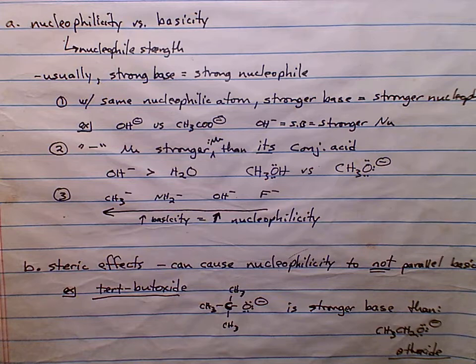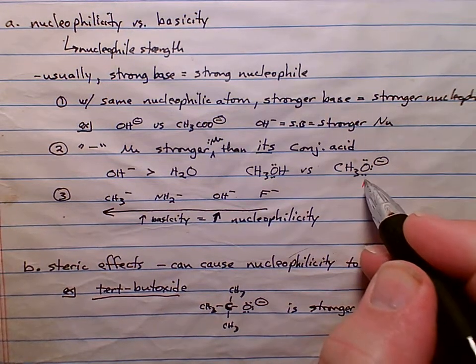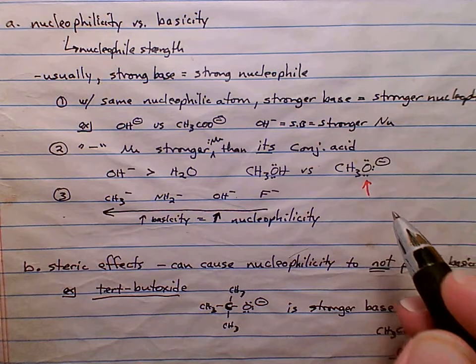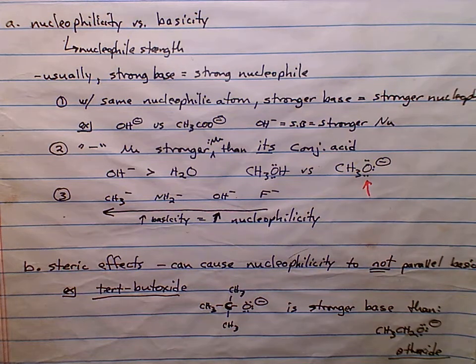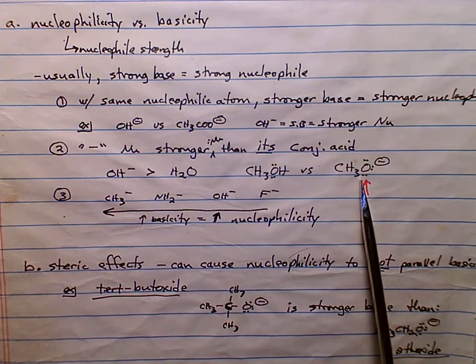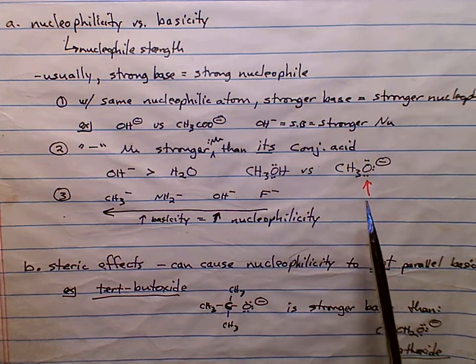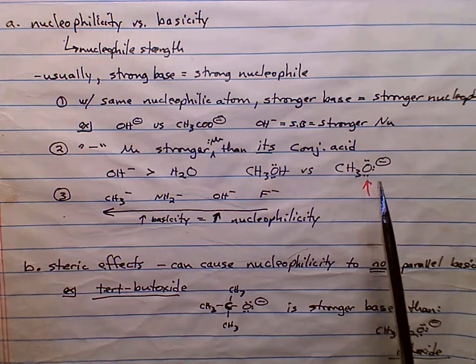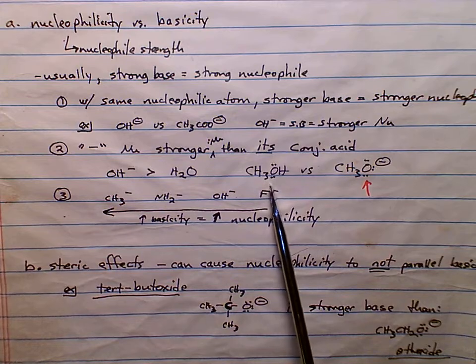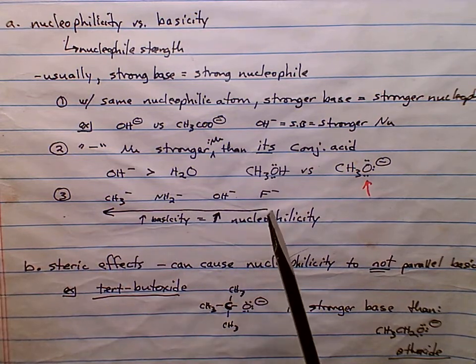That's right. CH3O minus, methoxide, is the stronger nucleophile because it is the conjugate base form of these two. This is the acid form, this is the base form. The base form has a negative charge. It is the stronger nucleophile than this. This is a strong nucleophile. We would classify this as a weak nucleophile.